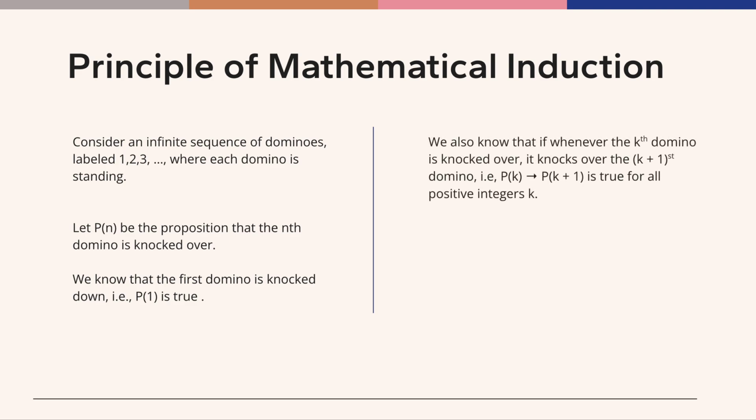We also know that whenever the kth domino is knocked over, it knocks over the (k plus 1)th domino as well. Then we can write Pk is true, then Pk plus 1 is true for all positive integers k. Hence, all dominoes are knocked over. Pn is true for all positive integers n.